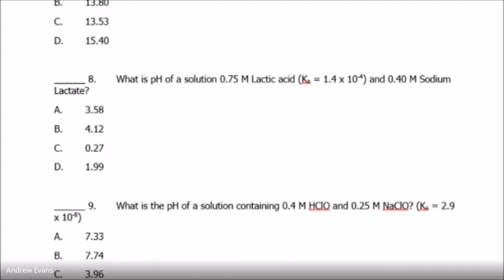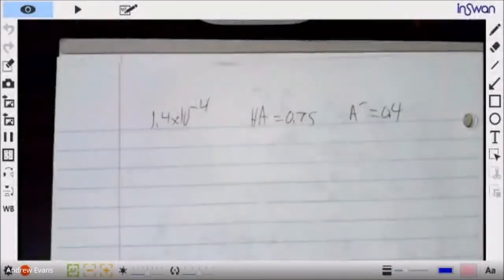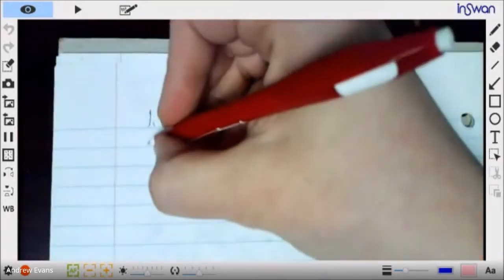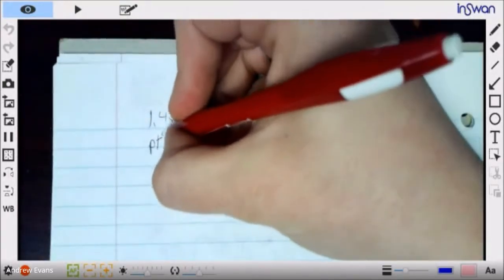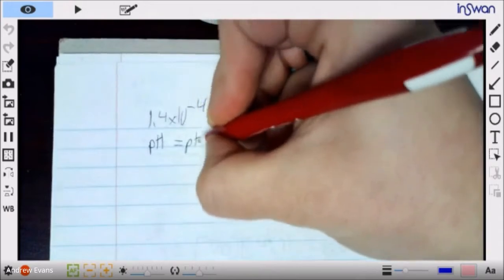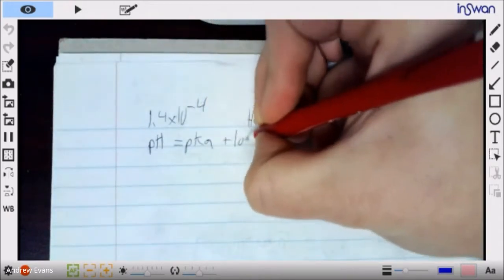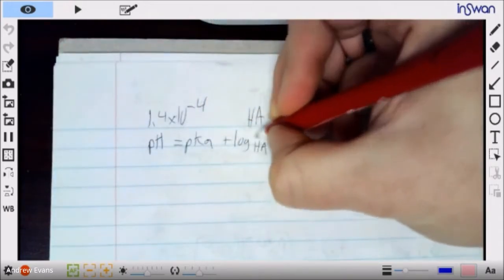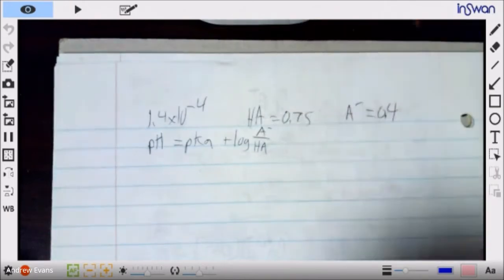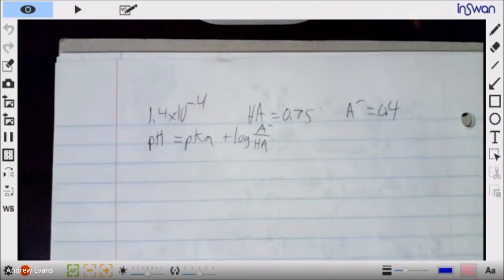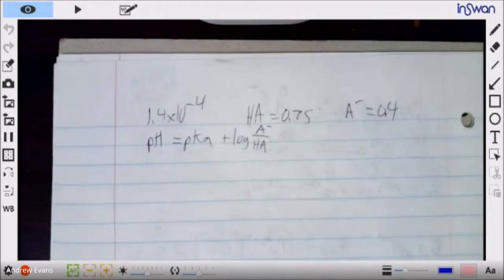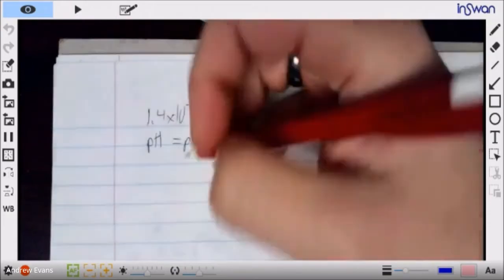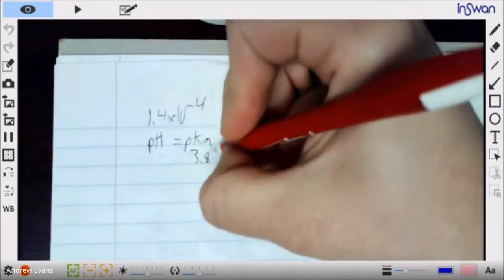Okay, looking at this, we have the buffer equation: pH equals pKa plus log of A minus over HA. So our pKa is negative log of our Ka, 3.85.